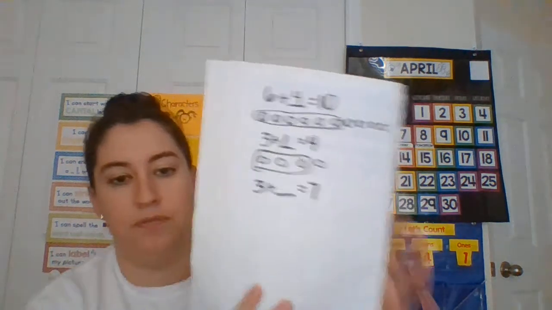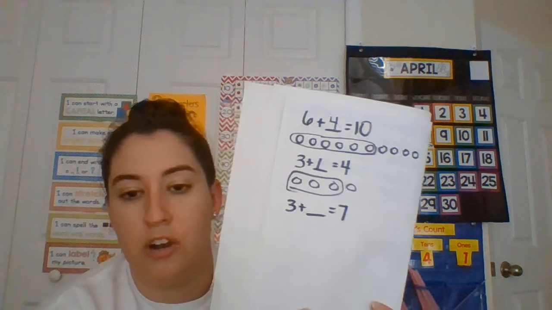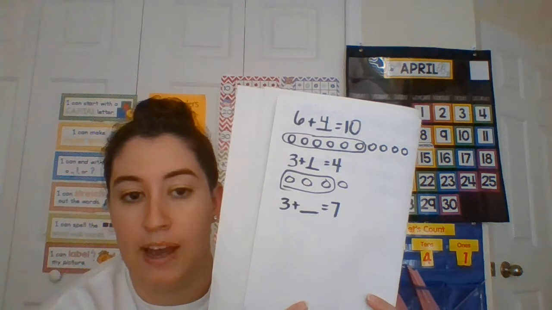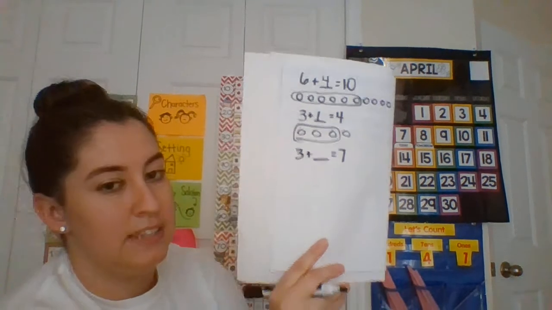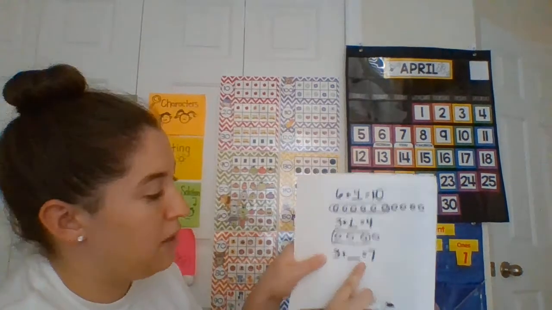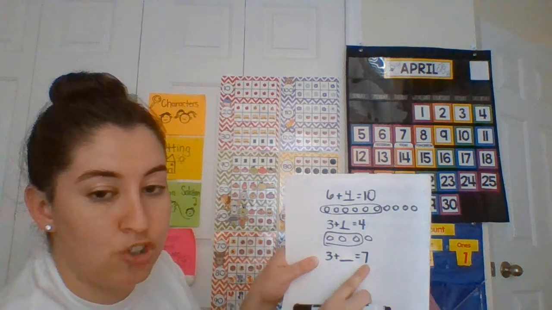Okay, here we go. You start with how many cubes or how many circles do I start by drawing? 7, because that's my whole. The number after the equal sign is always the number I start with. So 7.